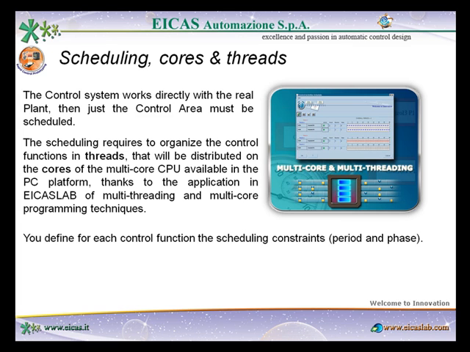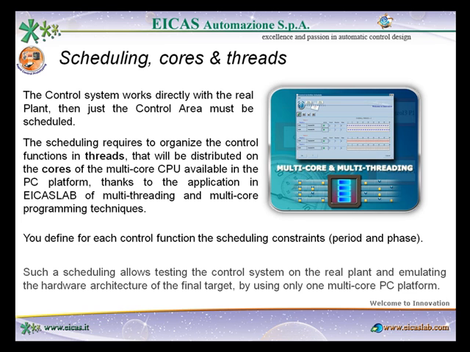As well as establishing the final control architecture, you have also to cope with the control activities scheduling. That means to specify the period and phase of every implemented control function. Such a scheduling allows to test the control system on the real plant and to emulate the hardware architecture of the final target by using only one multi-core PC platform.